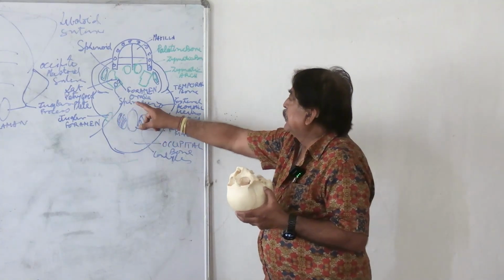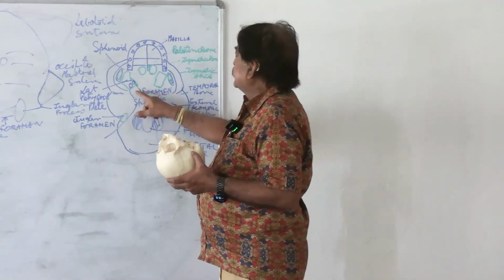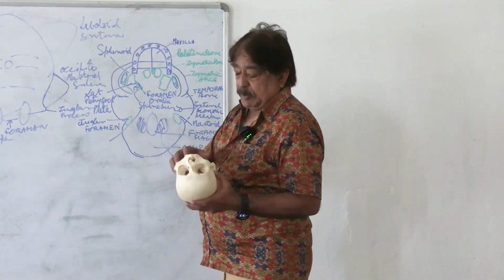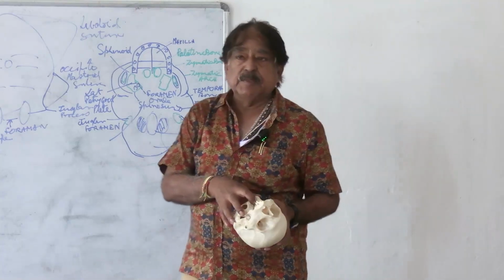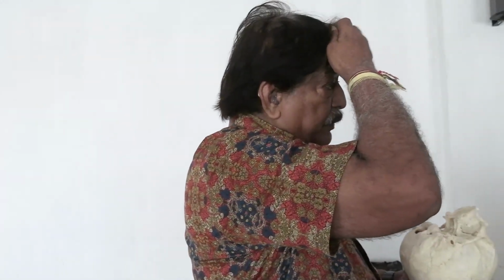Jugular foramen. Now, if you go to the lateral pterygoid plate, there is the foramen ovale and foramen spinosum. Now, these are the jugular foramen, foramen ovale, foramen spinosum, and the foramen magnum.